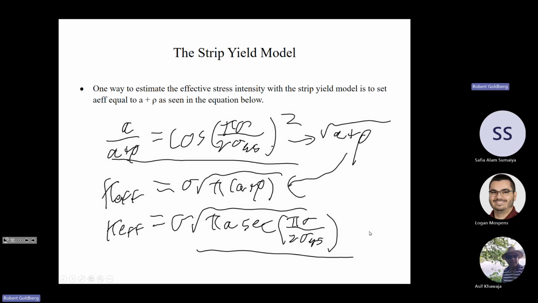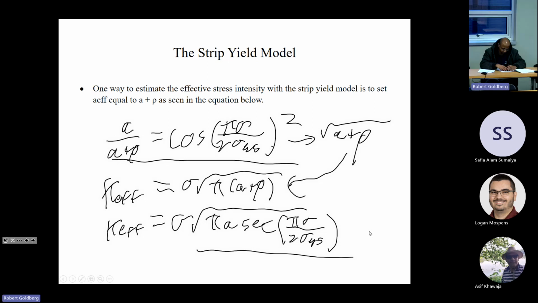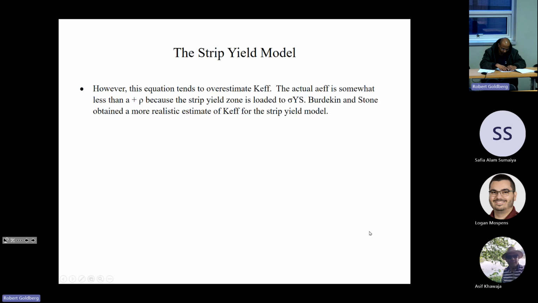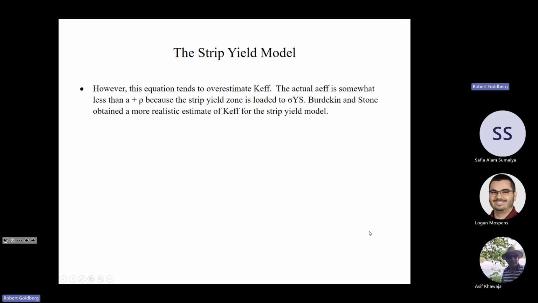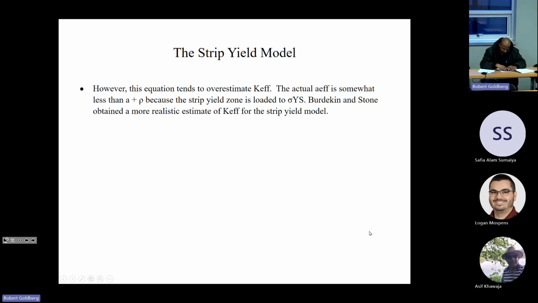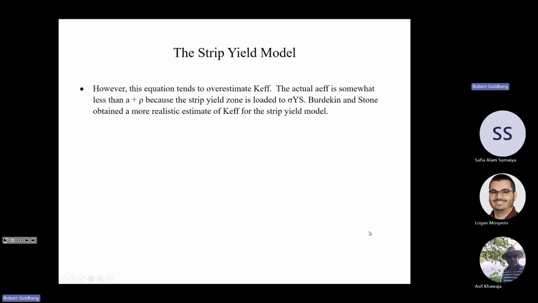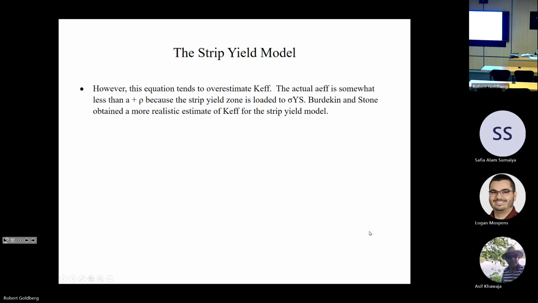Now, the thing to note is that this equation tends to overestimate the effective stress intensity factor. The actual effective crack length is somewhat less than a plus rho because the strip yield zone is loaded to the yield stress.